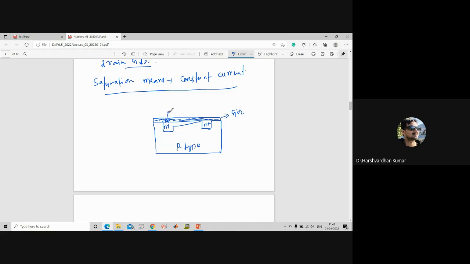So this is source, this is drain, this is gate, this is drain. The connections will be like that.